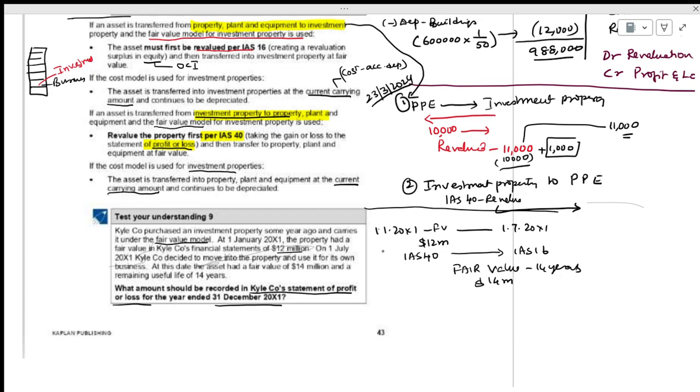They are converting the investment property into property, plant and equipment, and they are using the fair value model. If they are using the fair value model, what should we do?